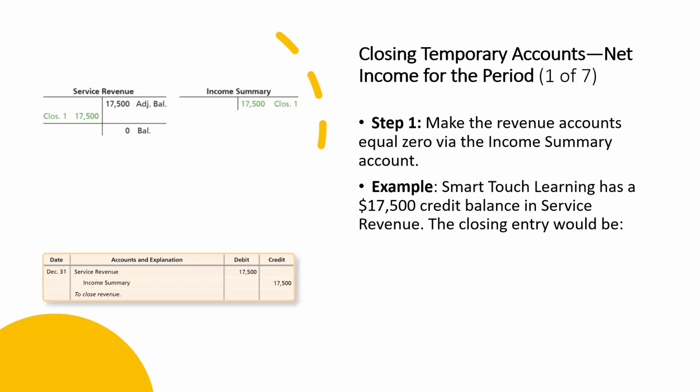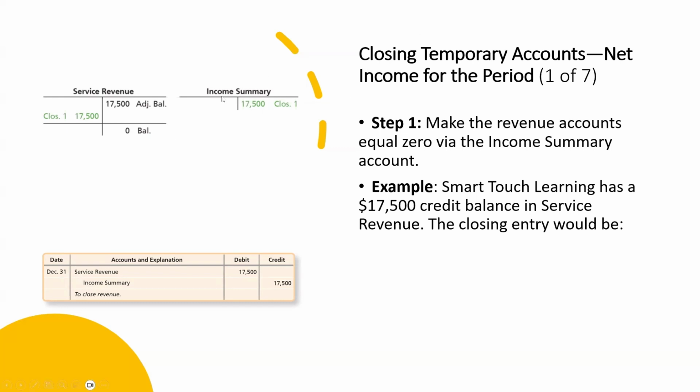Closing temporary accounts: net income for the period. In the case of Smart Touch Learning, the service revenue account showed a credit balance of $17,500. A closing entry is prepared to debit service revenue for $17,500 and credit income summary for $17,500.